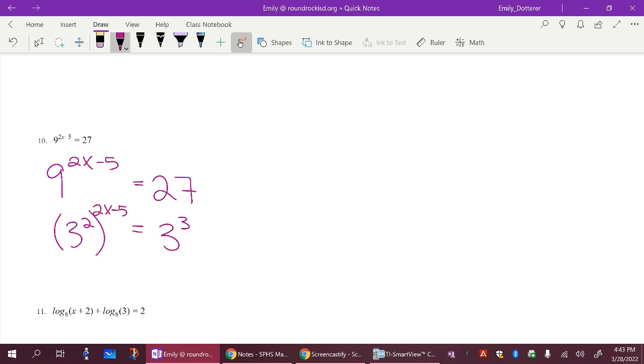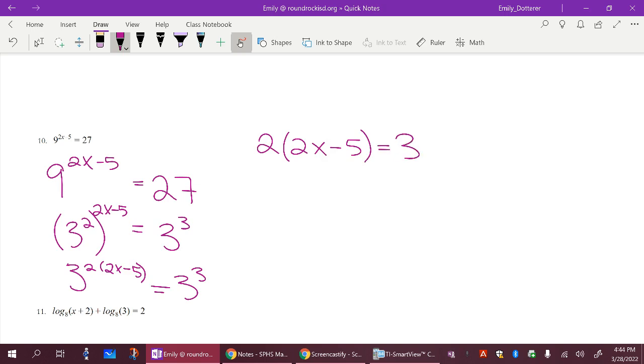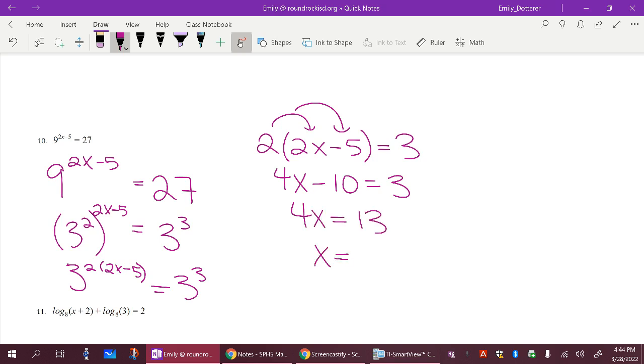And we know from the power rule that we can multiply those two exponents together on the left. So 2 times 2x minus 5 equals 3. So 4x minus 10 equals 3. Which means that x equals 13/4.